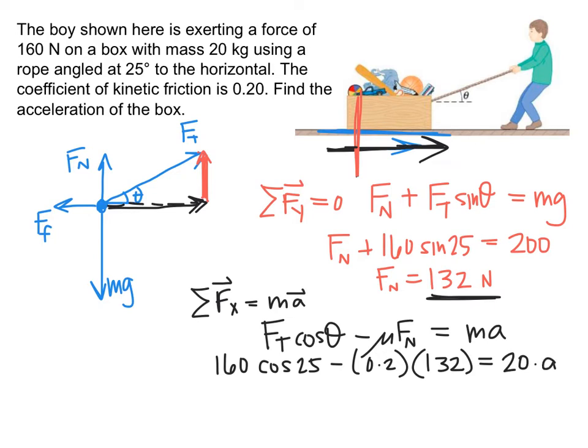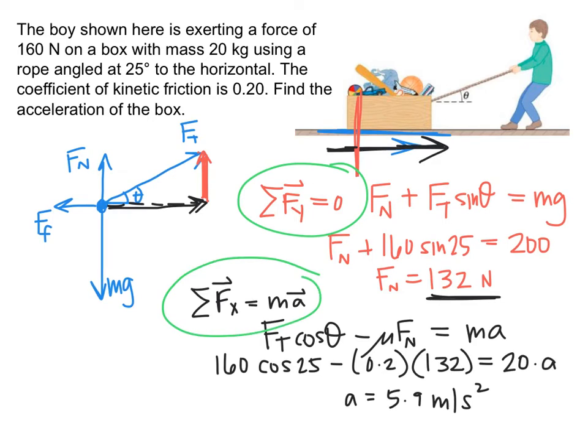And this comes out to be about 5.9. Again, key points to this problem: you've got to make sure that you're looking at everything going on in the y direction, everything going on in the x direction. Keep all of your components separate, solving sort of two problems within one.